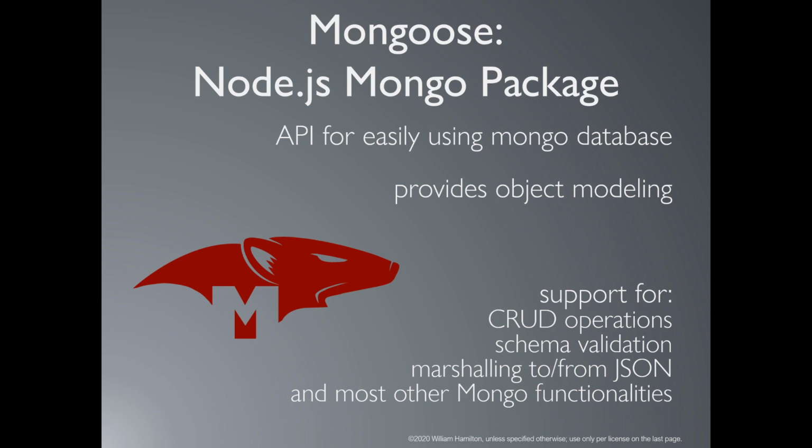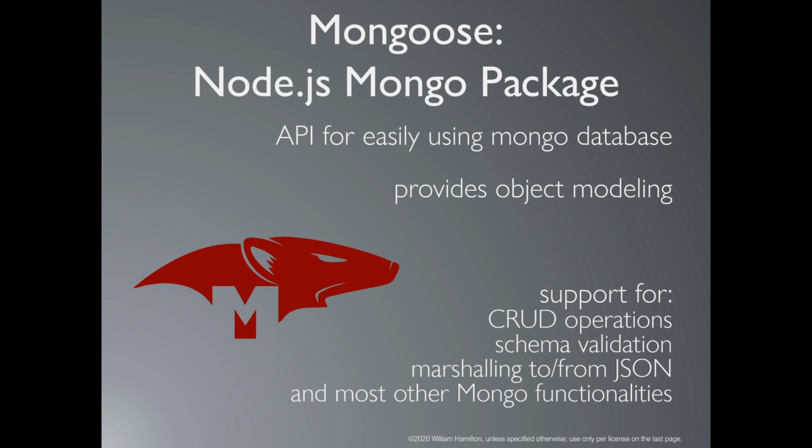But Mongoose provides some extra functionality. The first is that it provides object modeling, and so it handles some of the marshalling in and out of the BSON data structures into JavaScript objects. It also provides some support for schemas and other functionality.